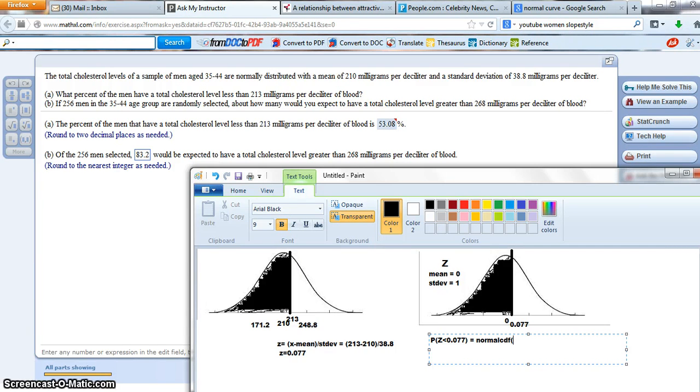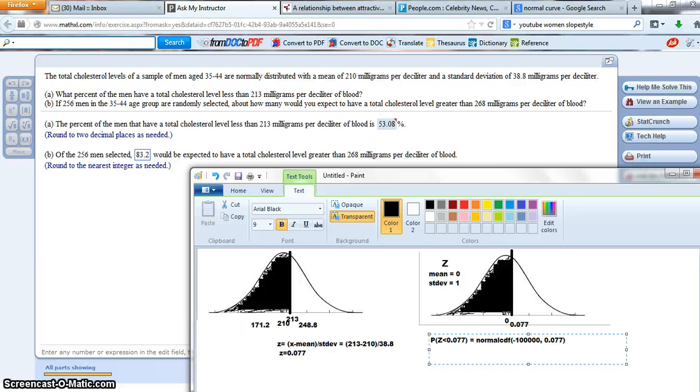I need to put in my lower limit. Here it's negative infinity, and I use minus 100,000 for my negative infinity. I put in a comma, and then I put in my upper limit of the z-score. So I put in 0.077.